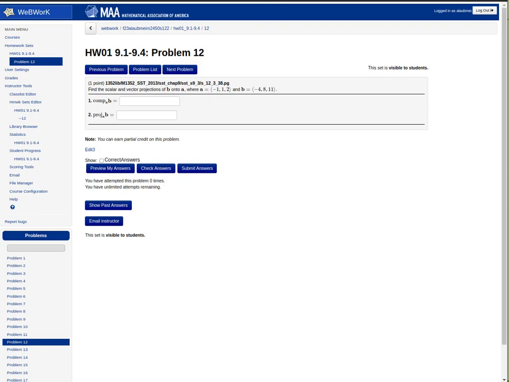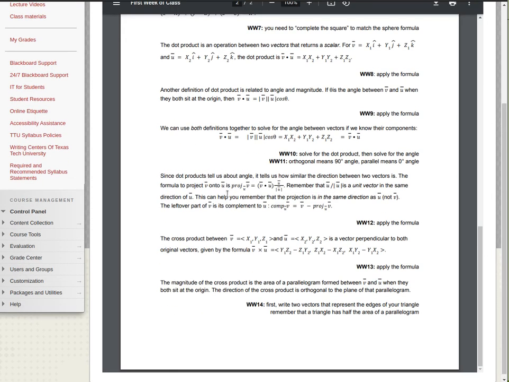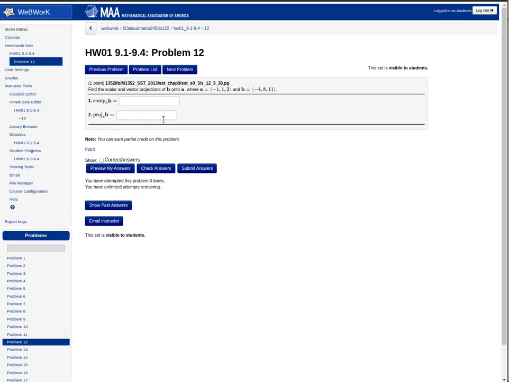12 and 13 are still applying formulas, but it moves on to an application first of the dot product to make projections and complements. So you just use this definition for the projection, and then this definition for the complement. It's a bit of arithmetic to get your answers here.